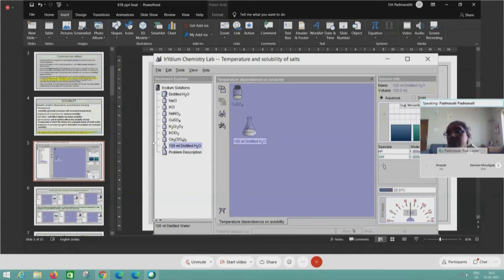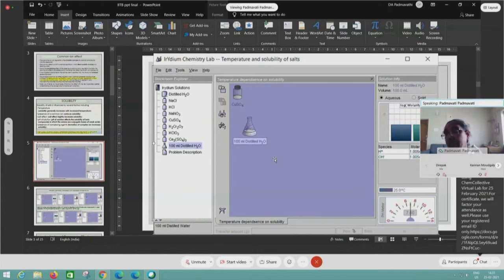So H plus ions, this concentration, OH minus ions, this concentration, because we know the ionic product of water is 10 to the power minus 7 into 10 to the power minus 7, that is 10 to the power minus 14, that is Kw. You can click on this vessel, but I am not online with the VLabs, so I may not be able to show you here, but I have a screen recording that may give you more information.